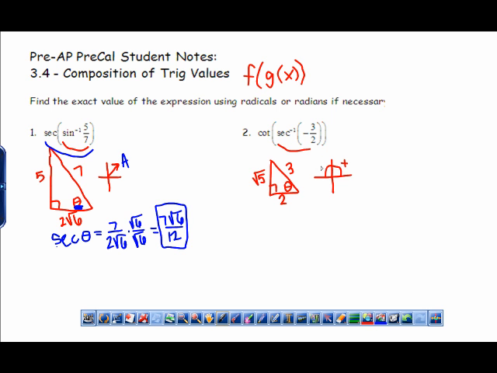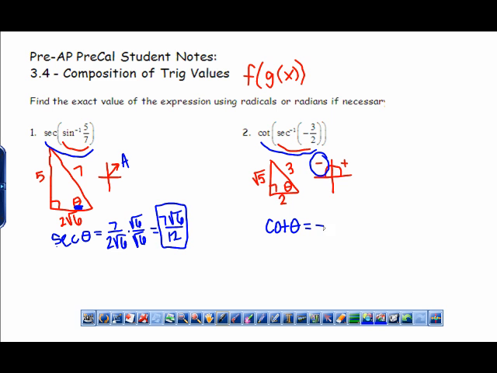But since this is negative 3/2, our principal value places us in quadrant 2. All right, now this is important because when I go to the second part, which is taking cotangent of my theta, not only do I need to look up my new ratio, I need to think, is cotangent in quadrant 2 positive or negative?